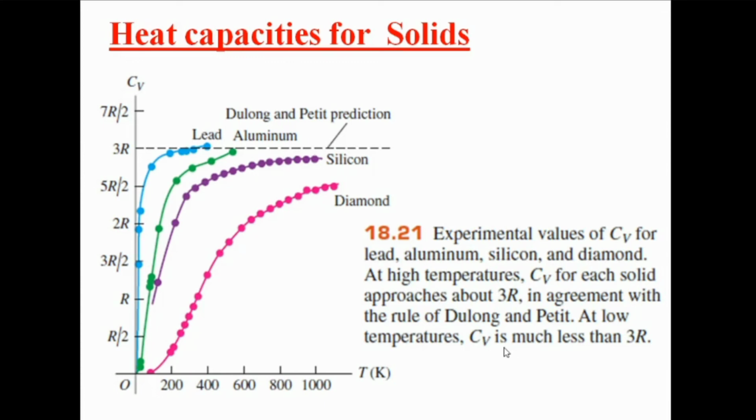So this is what the problem was. Although at high temperature the Dulong-Petit law matched very well with the experimental observation for almost all solids, at lower temperature the value is not 3R. So there was something wrong with the Dulong-Petit law.